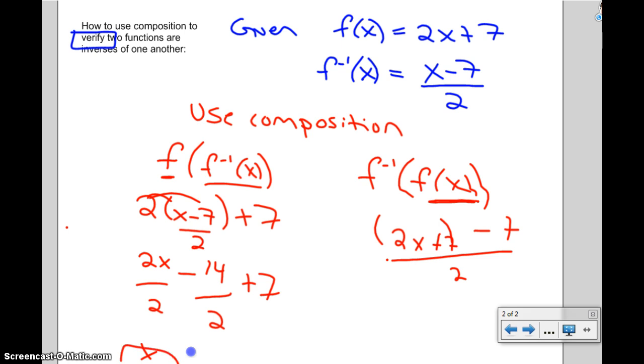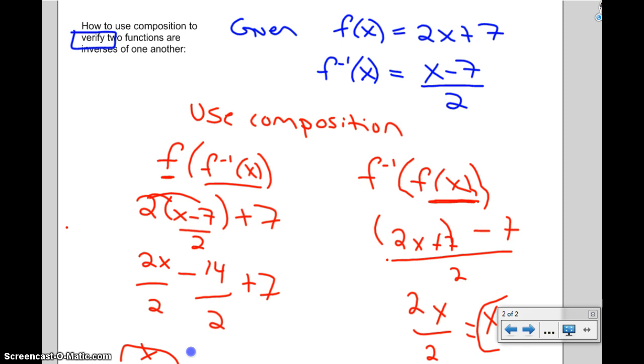If I come over to the right-hand side, I'm doing 2x plus 7 and then minus 7. The plus 7 and the minus 7 will cancel, so I'll have 2x divided by 2. 2x divided by 2 is the same thing as x. Again, I got x. X is what I wanted in both cases.